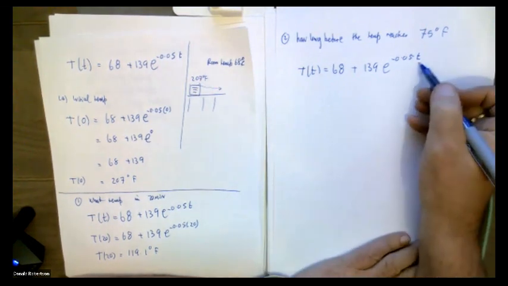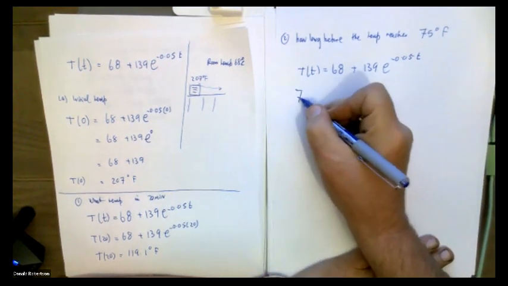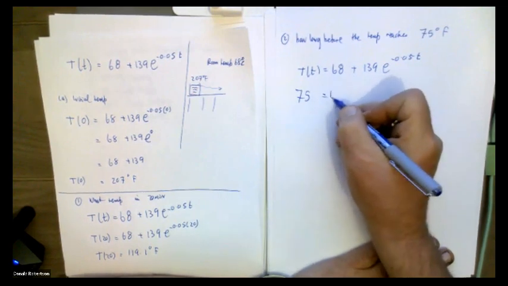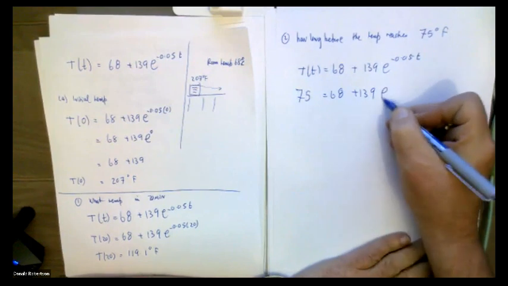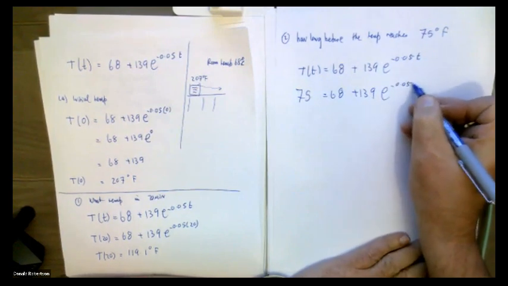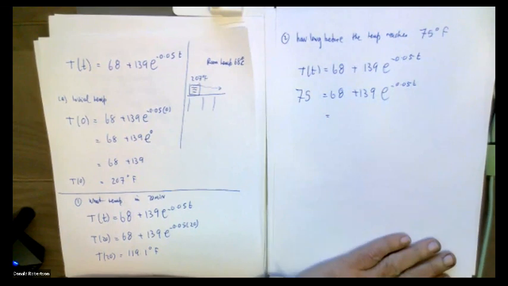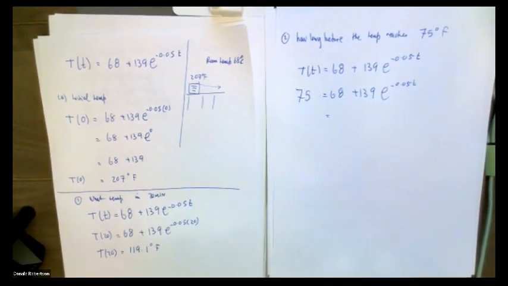And our quest is to figure out what t is. So that's 75. Okay, a little bit different, but not that different. I think it really just has one extra line. You're looking at that and you're thinking, how am I going to find t? It's all about as long as you do it to both sides, it's okay. And it's also about which thing you do first, what you do second, what you do last.